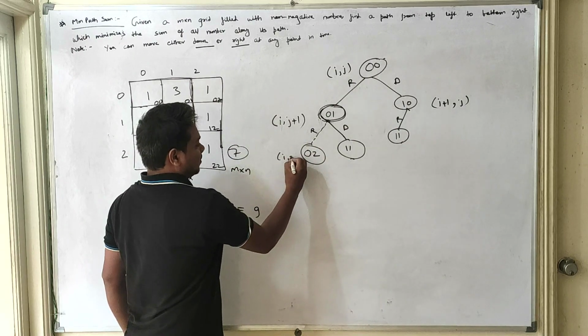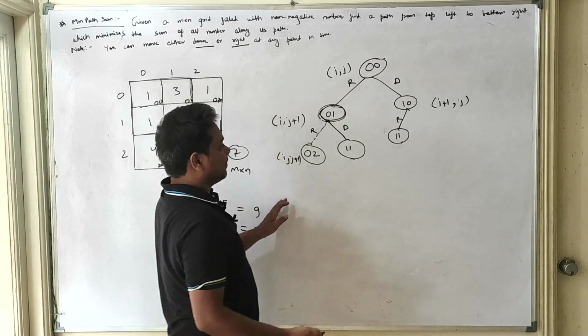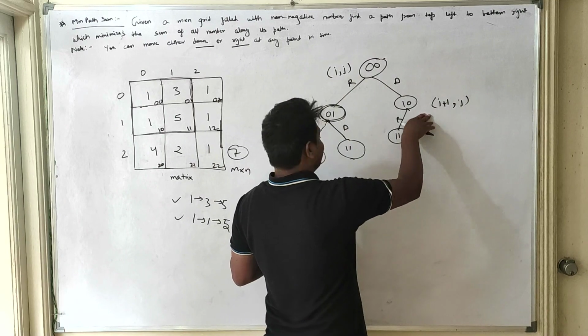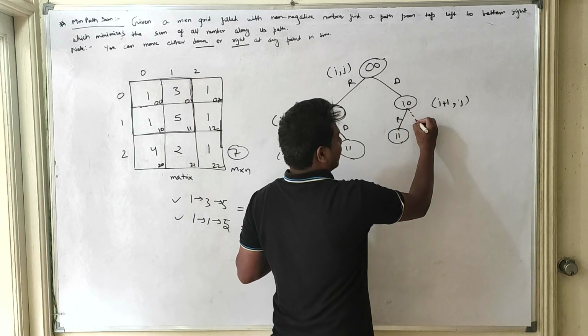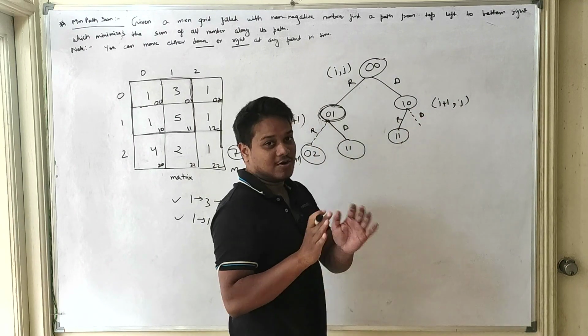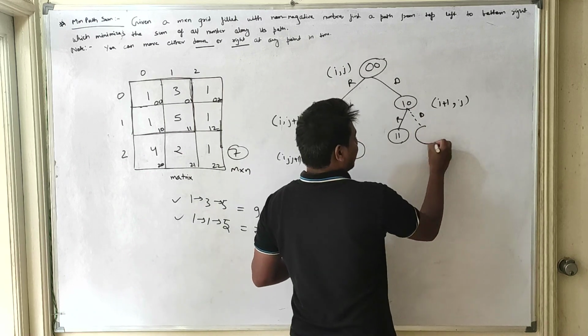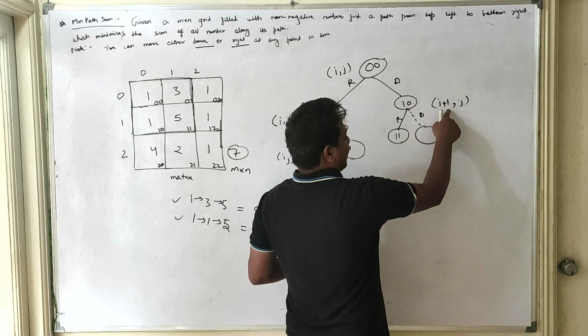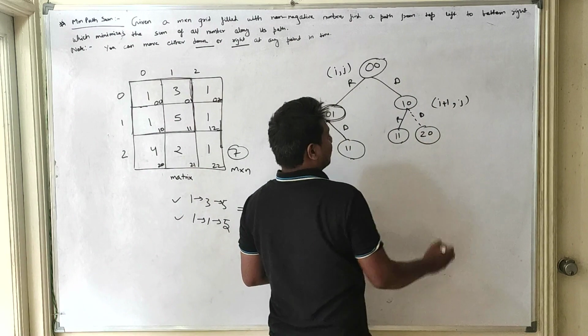So i comma j plus 1 over here. Similarly, if we were allowed to go down from here, the cell would have been i plus 1, that is 2 0.